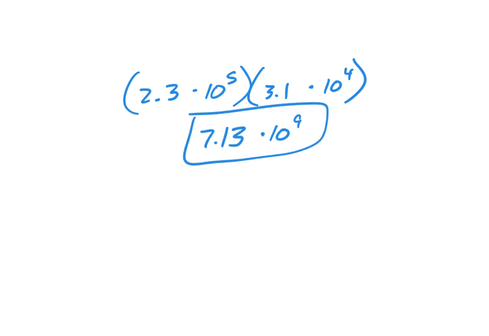So that would be our product of those two. Both the numbers are in scientific notation. If I multiply this fairly large number times this pretty large number, I'm going to get an even bigger number, right? And so you're going to have 7.13 followed by 10 to the 9th, and so it would be a bunch of zeros at the end. So that's kind of where it ties into what we did yesterday, but it's just a little bit different way of writing numbers out.